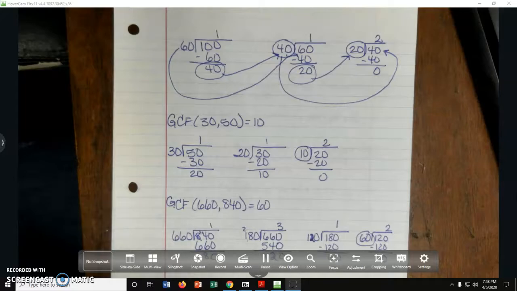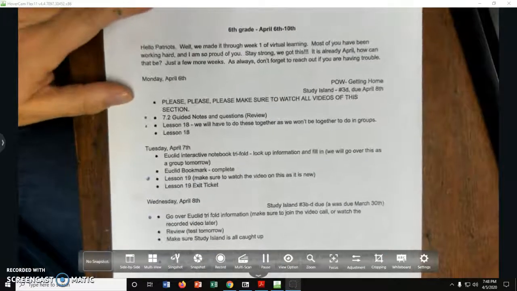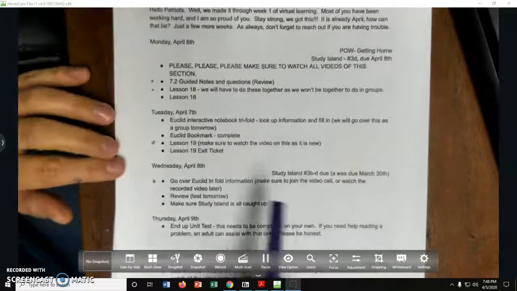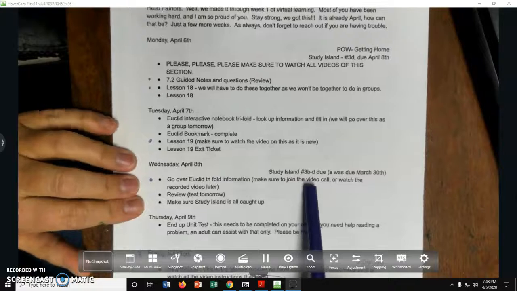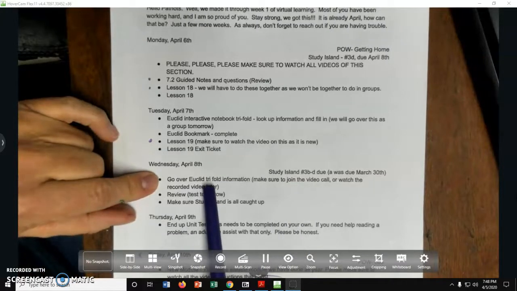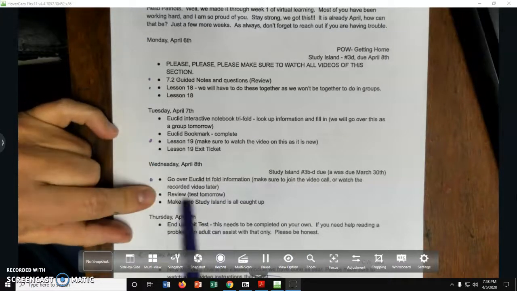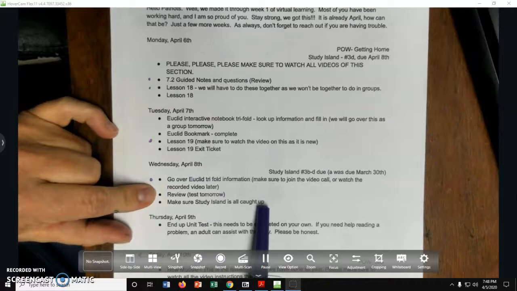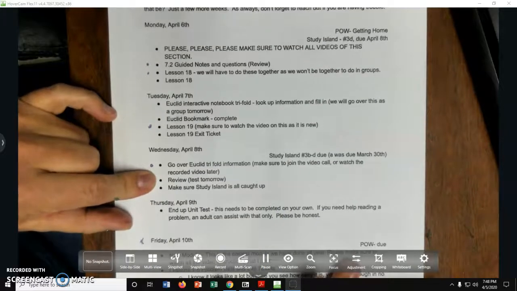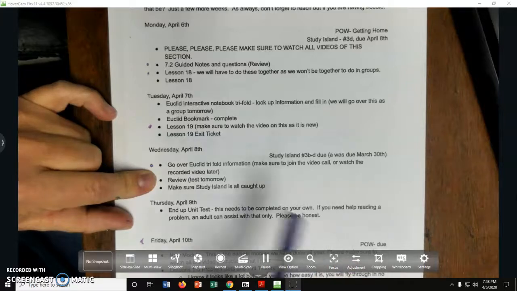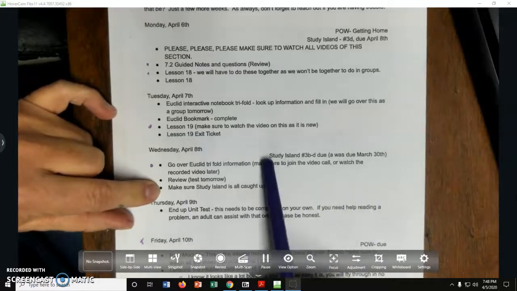Now, that's going to take us through Tuesday. Tomorrow, on our Zoom call, we're going to go over the trifold that you're going to do today. This is also going to be your day to get everything caught up. So make sure all your study islands are caught up.